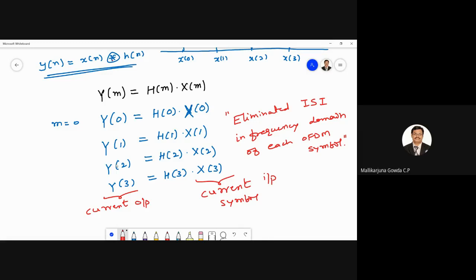Then I wrote the output of the channel, and conveyed with the diagram how the channel taps are in circular fashion. So with that, output depends only on the present input, not on the past input. This is how we can convince that ISI is eliminated in the OFDM symbol.